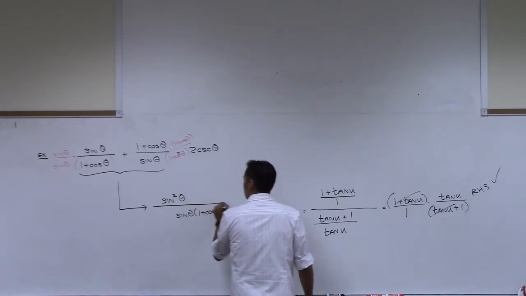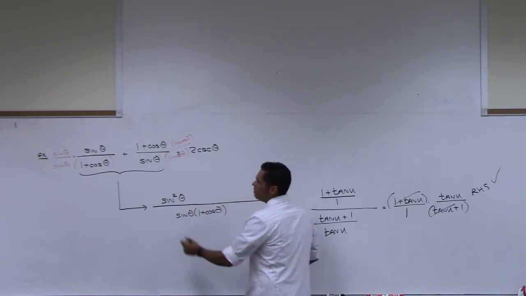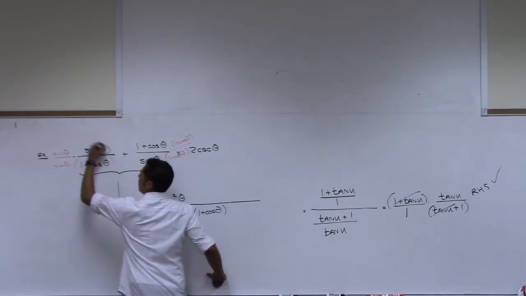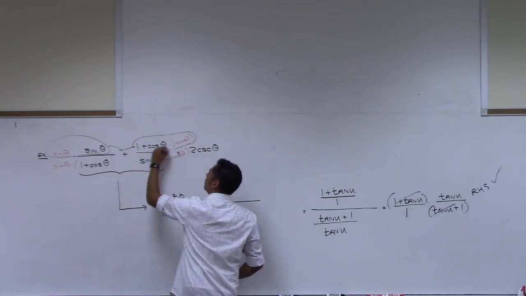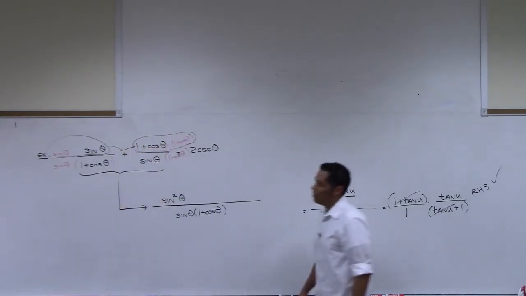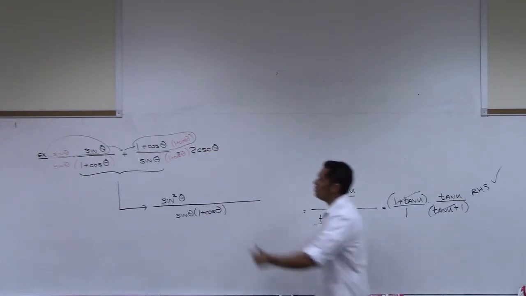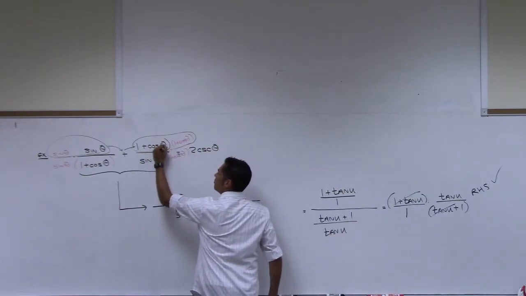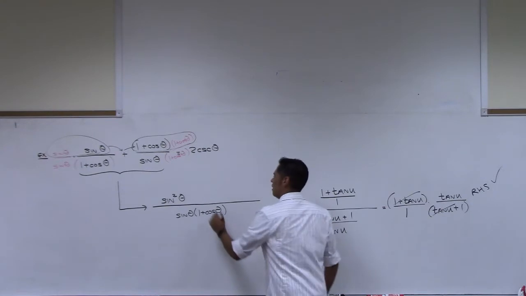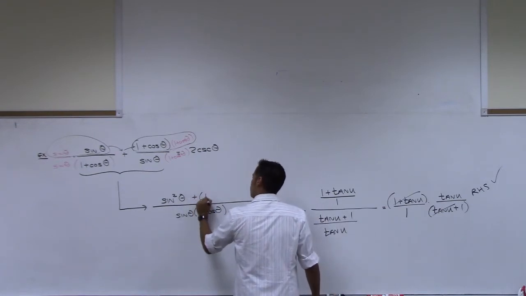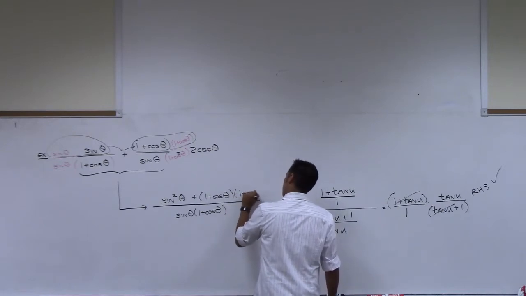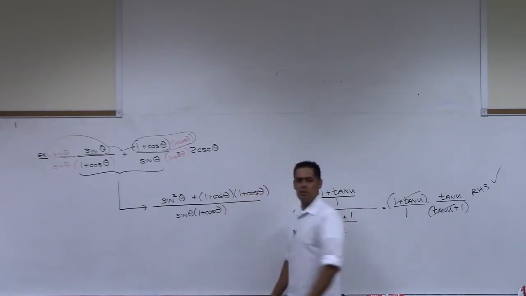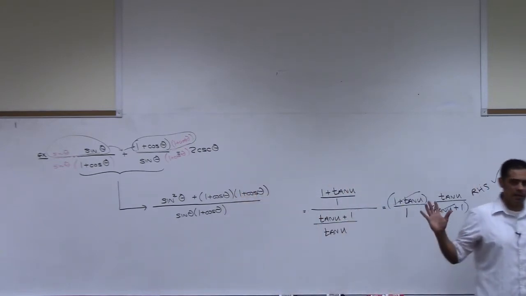Now that's my common denominator. This numerator needed to add together with this numerator. And I've got to multiply this times this, and there's two terms there, so I'll put it here like this, plus 1 plus cosine theta times 1 plus cosine theta again. Do y'all see that? The algebra here is okay?